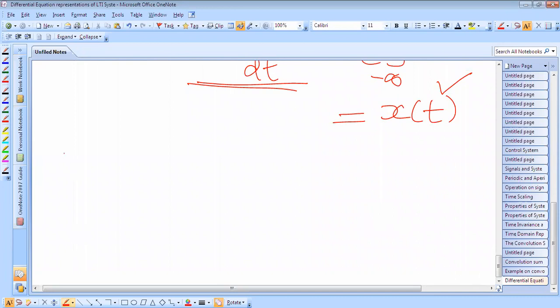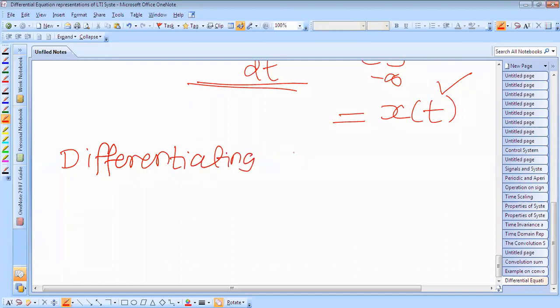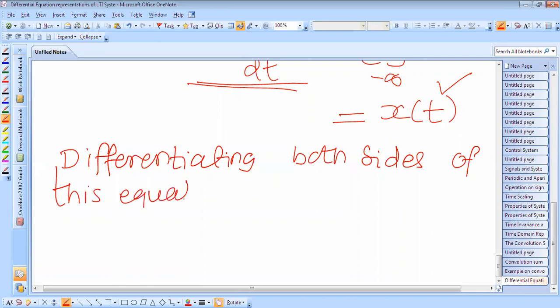Now differentiating both sides of this equation with respect to t, which will give you 1 over C. First we'll take the capacitor.